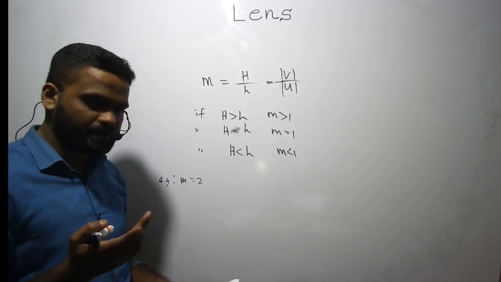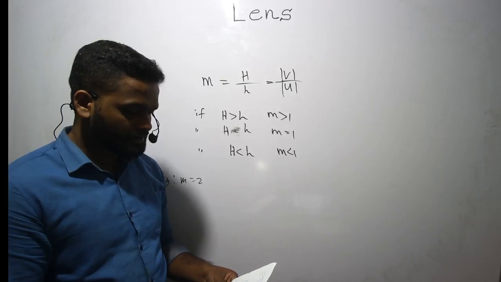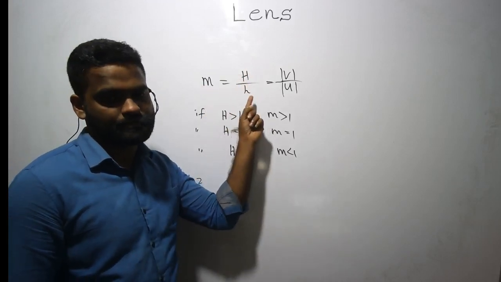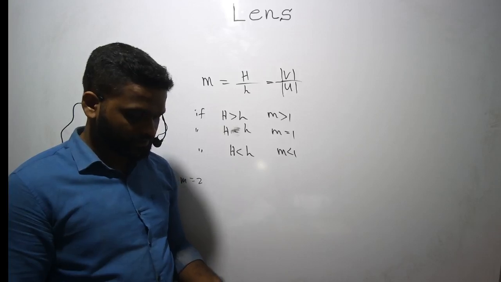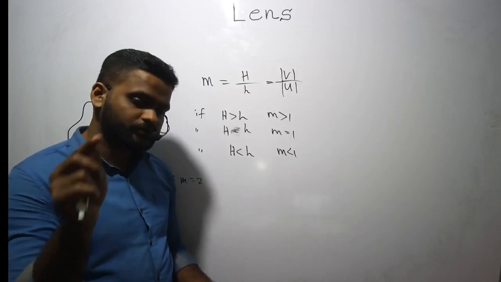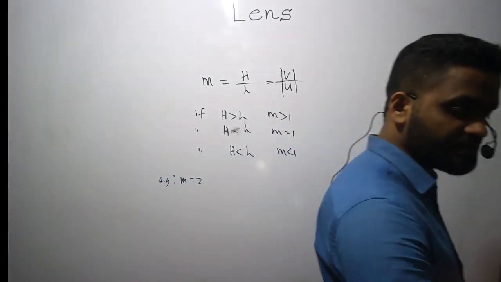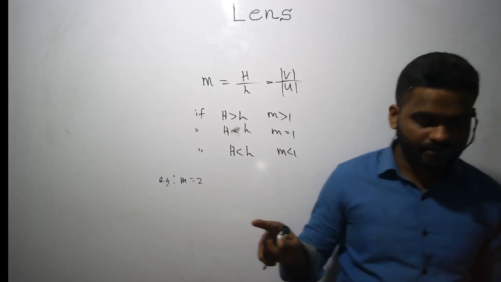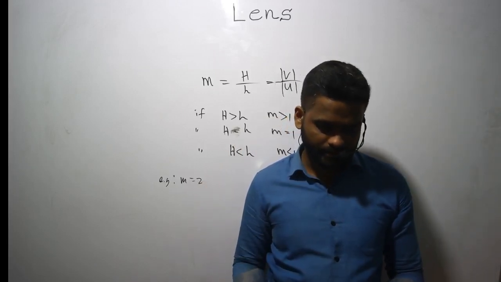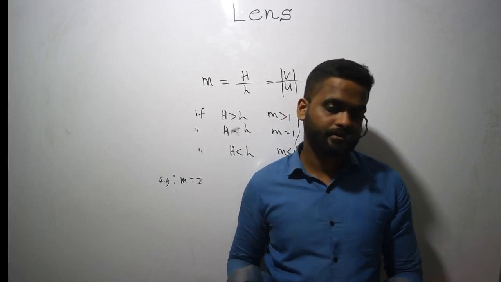Understand, right? It is twice. So when you simplify this, you get 2 there. This is 2h, this is h. To the same line, and also image distance is twice the object distance.